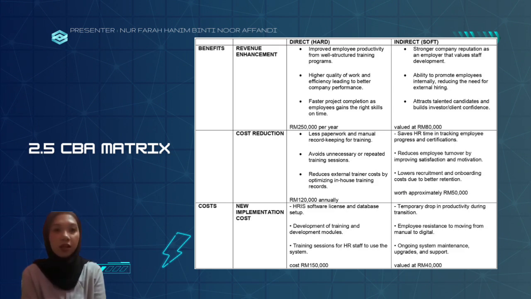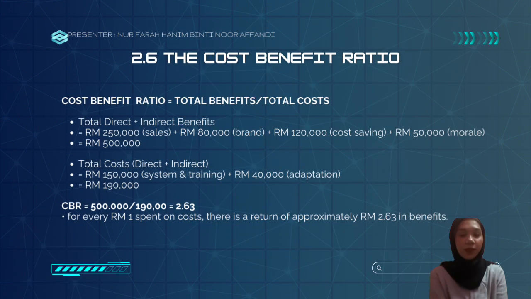The metric clearly shows the balance between cost, revenue, investment, and cost reduction, helping us to visualize the true value of the system. Based on our analysis, the total direct and indirect benefits add up to RM 500,000.